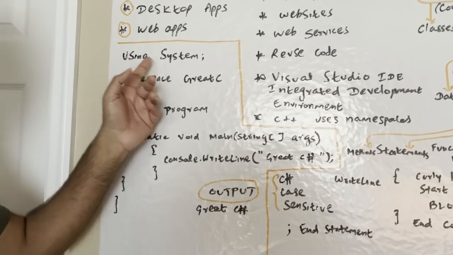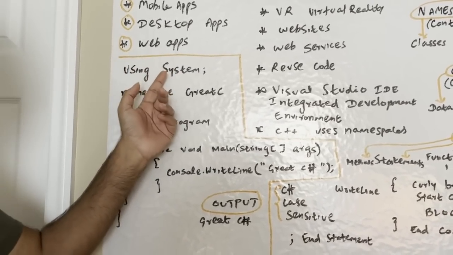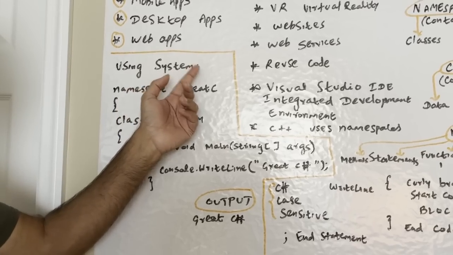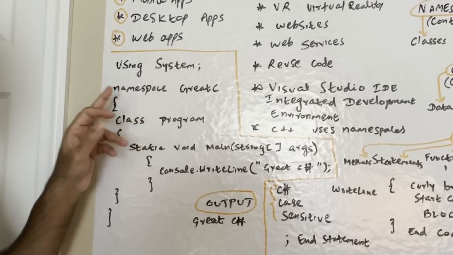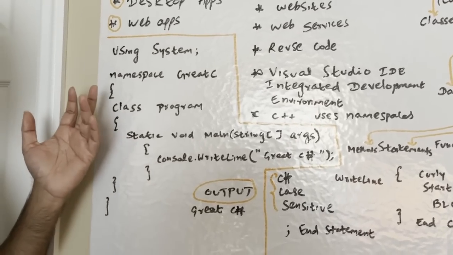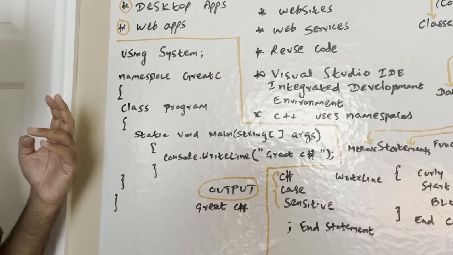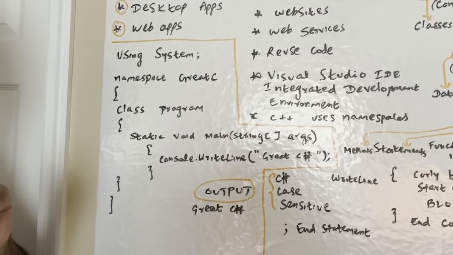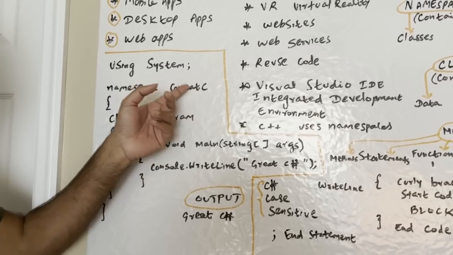See, capital U in using, system is all lowercase. This is capital S, YSTEM, semicolon. Namespace. So when you see namespace here, what are the languages that use namespace? Yesterday I talked about the C++ introduction, a similar object-oriented language. They use namespace. Great C, that's the name.